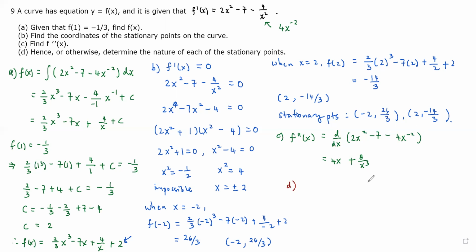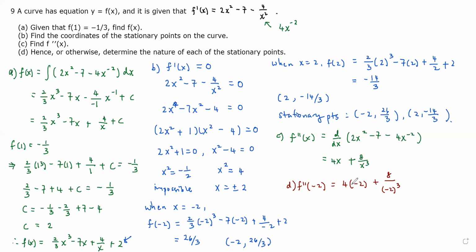Hence or otherwise determine the nature of each of the stationary points. We need to determine whether the stationary point is a local max or a local min. Let's look at the first stationary point. The second order derivative at negative 2. So you have 4 times negative 2 plus 8 over negative 2 to the 3.